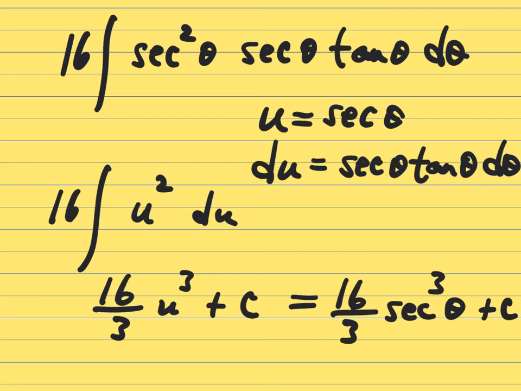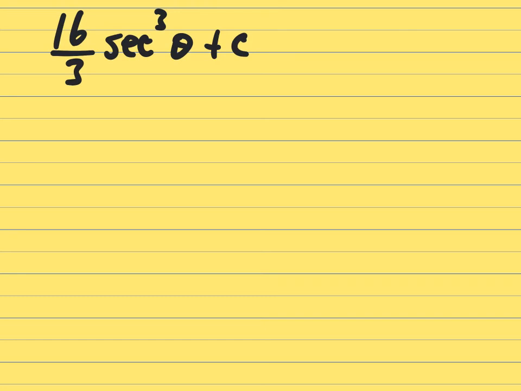Our original substitution was x equals 4 tangent theta. So if we, and I'm going to recopy from the bottom of the last slide, 16 thirds secant cubed theta plus c. And then let's recall x was 4 tangent theta.